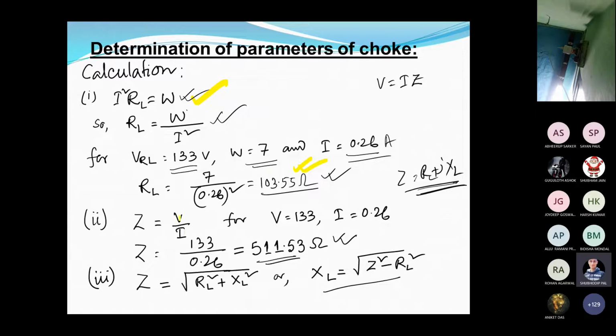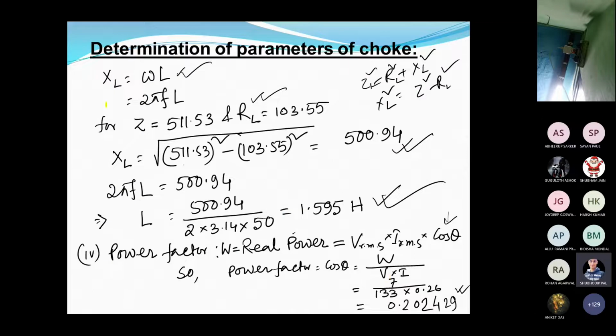And you know, in an AC circuit, V is equal to IZ. So how to calculate this Z? Z equals V by I. Now V you have got, 133, and I is 0.26. So V by I, you can get this value, and this is Z. Now you know that R squared plus X squared equals Z squared. So using this, you can find the XL value: XL squared equals Z squared minus RL squared.